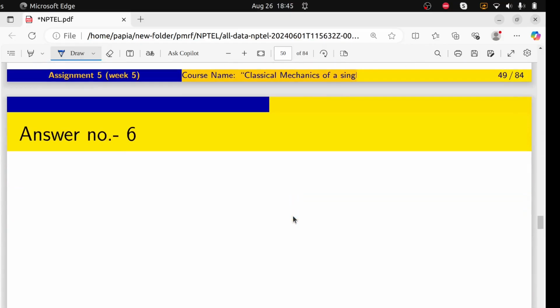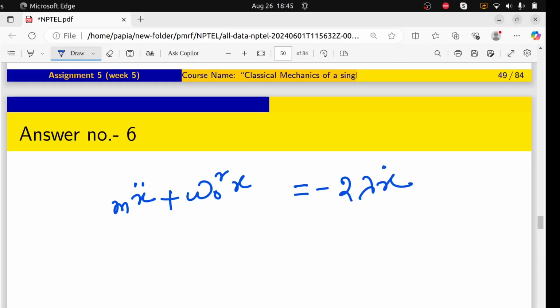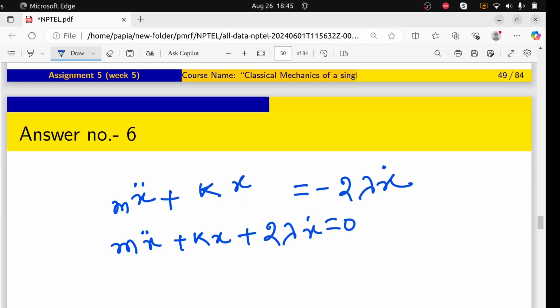So now I have m x double dot, I have kx, and I also have this. If I have all these things, then it will simply be m x double dot plus kx plus 2 lambda x dot equals 0.